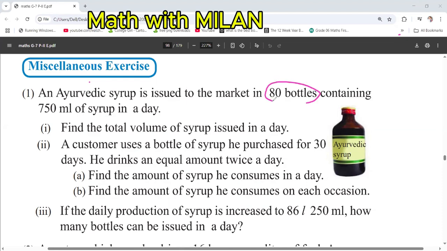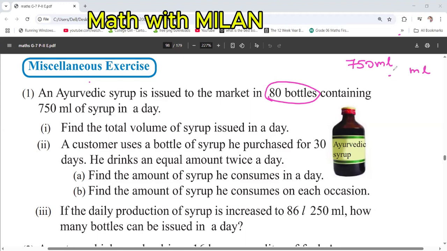So 80 bottles are issued. So one bottle has 750 milliliters. So you need to multiply this by 80 to get the total quantity of syrup which is issued per day, right? Okay, let's multiply, right?